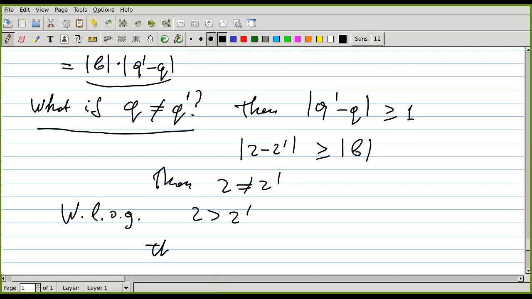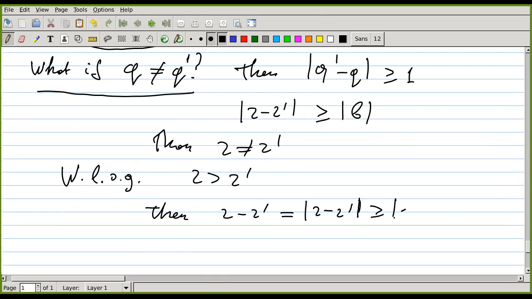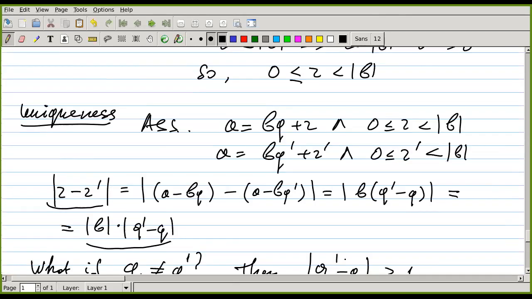Or otherwise, of course, then R prime is greater. Then R minus R prime equals the absolute value of this difference, which is greater or equal than the absolute value of B. So R is greater or equal than the absolute value of B plus R prime, which is of course greater or equal than B, as the remainder is a non-negative number.